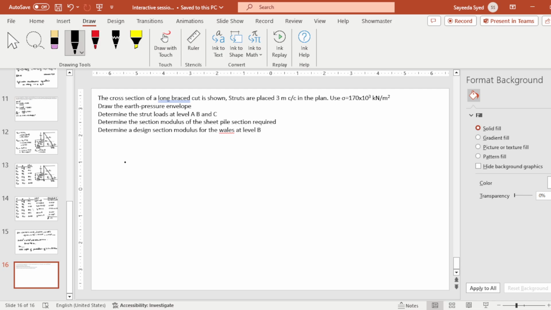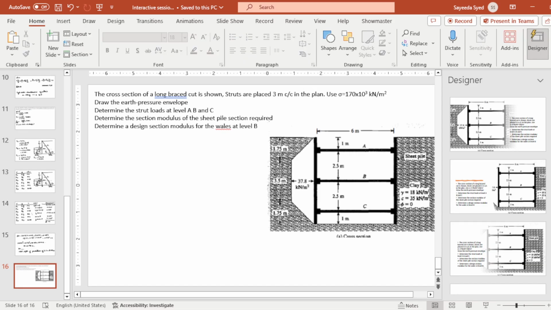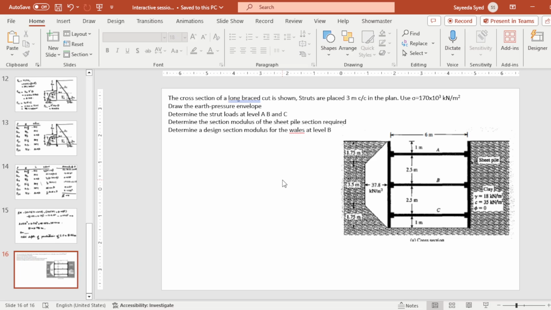Okay, just a moment, I forgot to insert the diagram. So this is the diagram of our braced section. Okay, so let's try to solve this question.